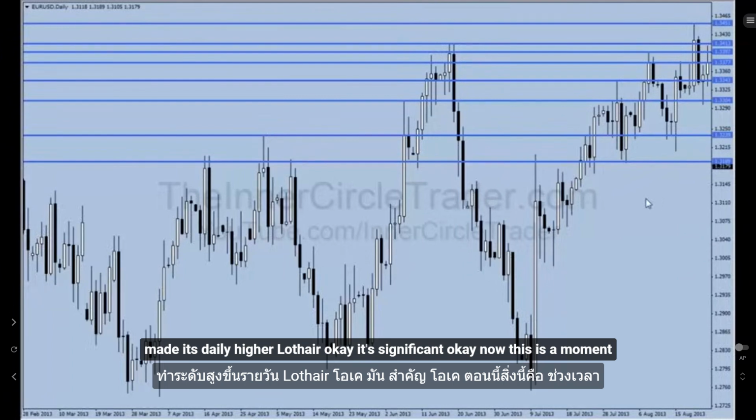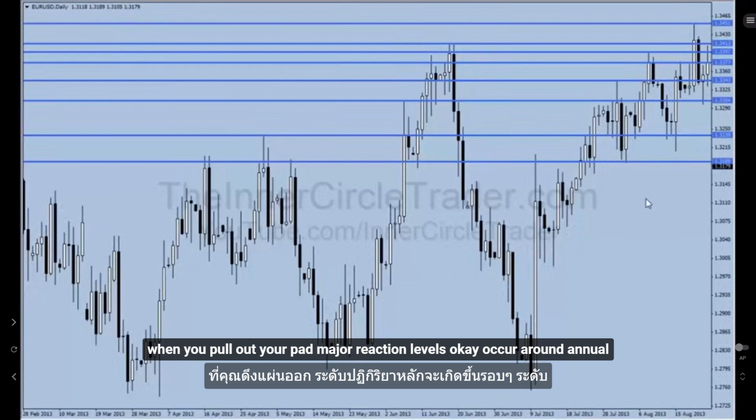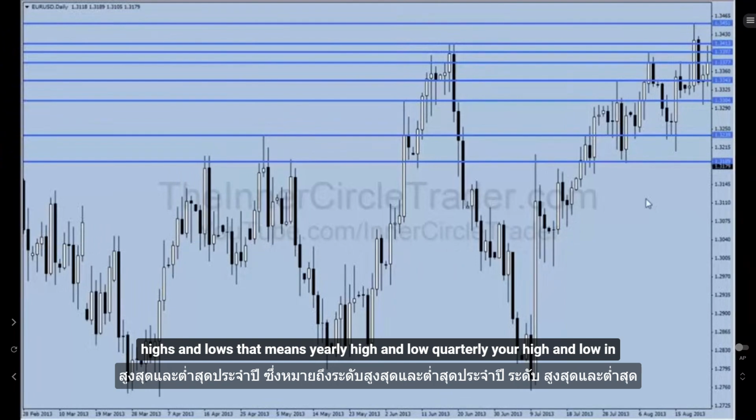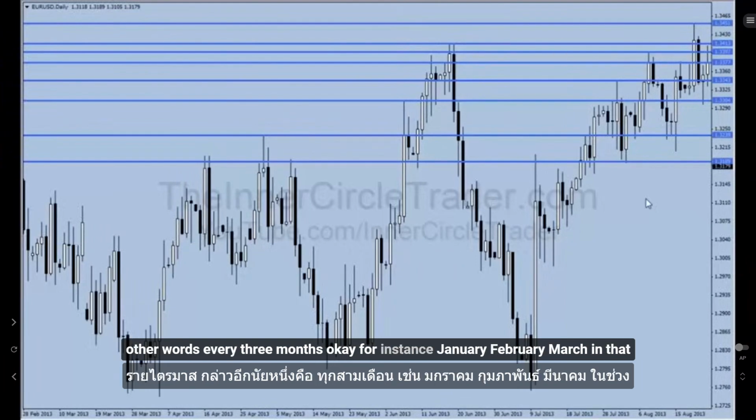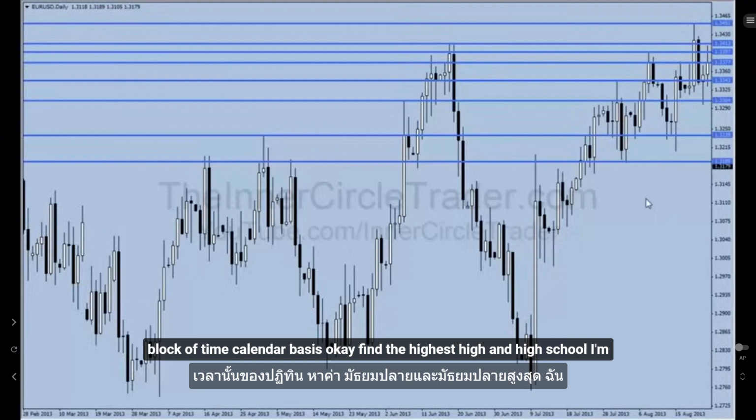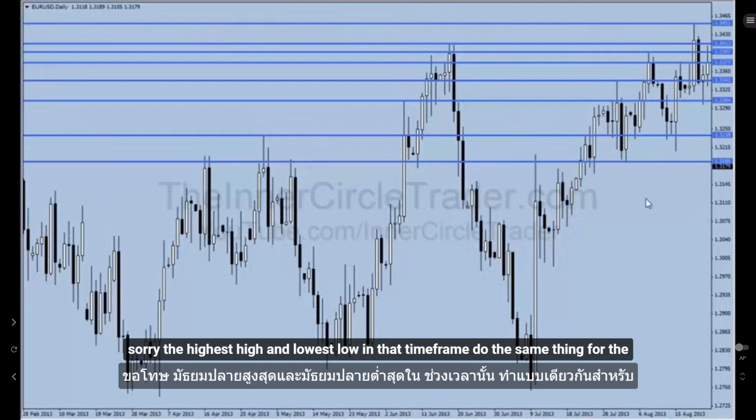Okay, now this is a moment where you pull out your pad. Major reaction levels, okay, occur around annual highs and lows. That means yearly high and low, quarterly high and low. In other words, every 3 months, okay, for instance, January, February, March, in that block of time on a calendar basis, find the highest high and lowest low in that time frame.